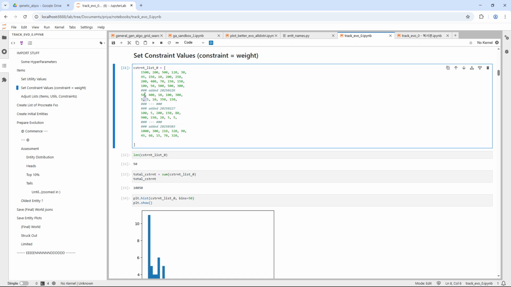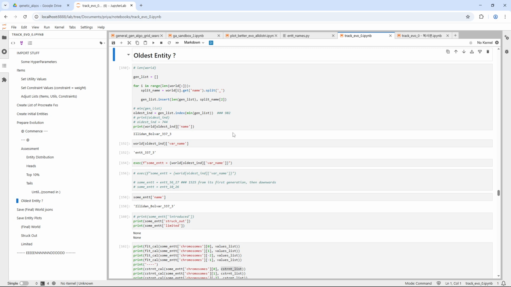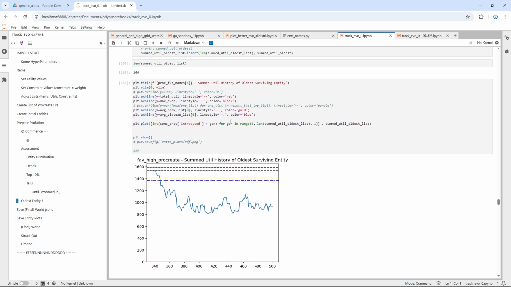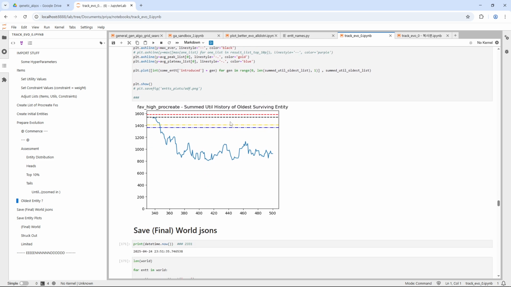But apart from that, 50, 50, 70, 150, 70, 60, 45. So this is very hard. And so that's what happens. And this is the same for many other items.